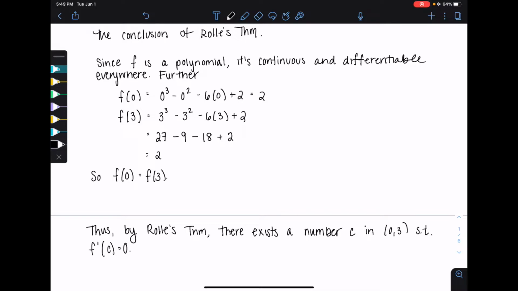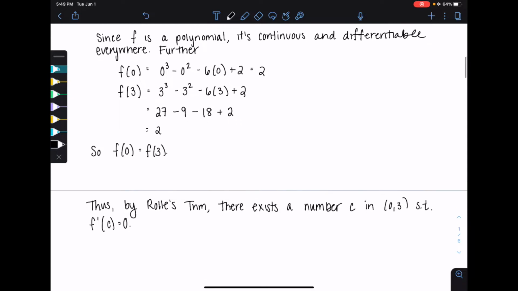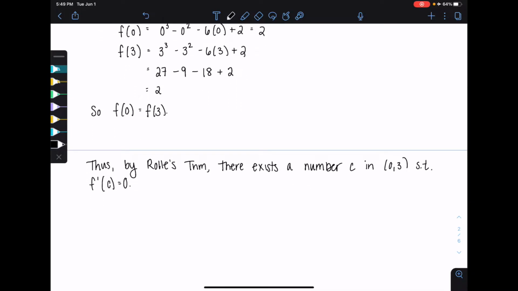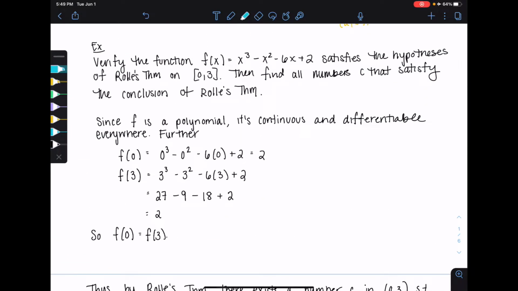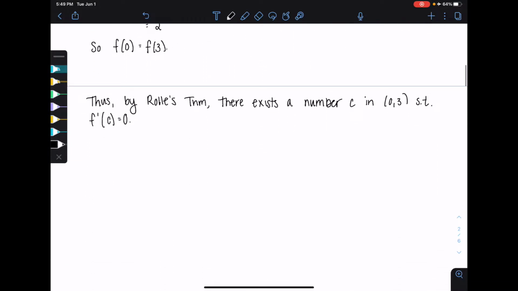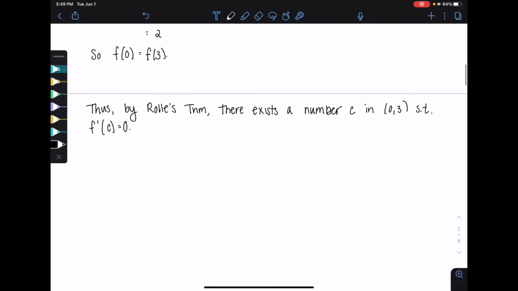So I'm guaranteed I have a critical number. Now the second part of my directions asks me to find all the numbers that satisfy the conclusion. So I want to find where the derivative actually equals 0. To do that, I need to actually take the derivative.